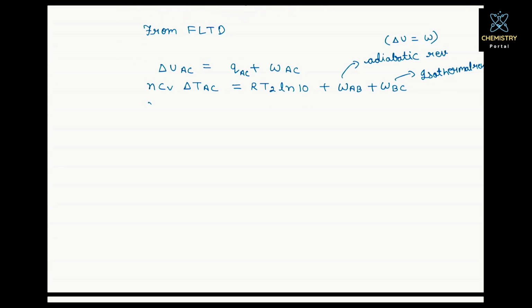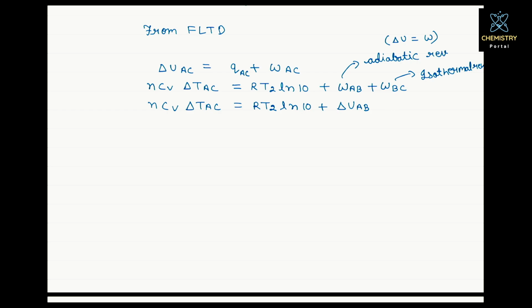So we can write nCV delta T for AC is equal to RT2 ln10, and WAB is delta U for the AB process, plus WBC.